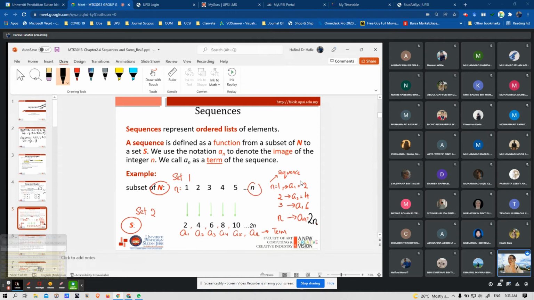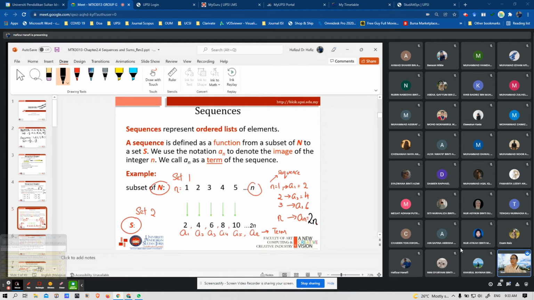A subset of N is 1, 2, 3, 4, 5 until n, and this is the sequence. Then for the set, we map to a1, a2, a3, a4, a5, up to an. This one is a term.